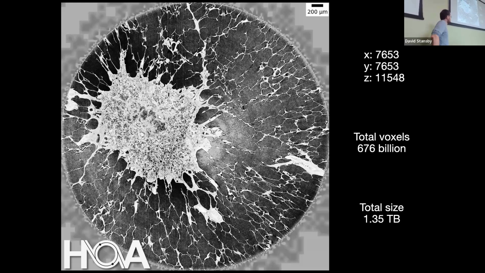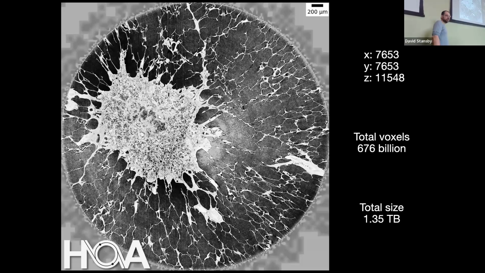So yeah, the real question that I've been working on for a couple of years on this project is how do you work with such a big image when you can't load it all into the memory of your computer? So my laptop has 8 gigabytes of RAM.